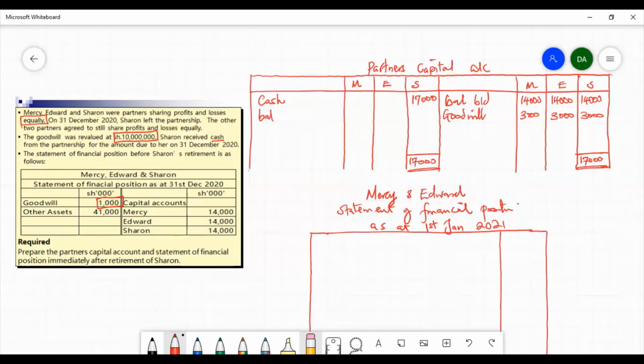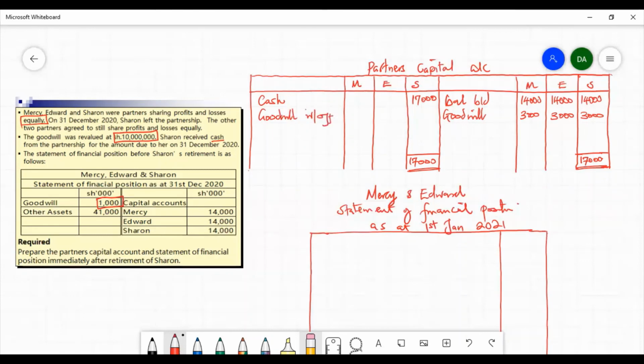After that, record writing off of goodwill, because goodwill is not being maintained in the account. Therefore, goodwill is supposed to be written off. To write off goodwill, the total goodwill of the company is distributed to the two remaining partners, that is Mercy and Edward, and written off in the account.